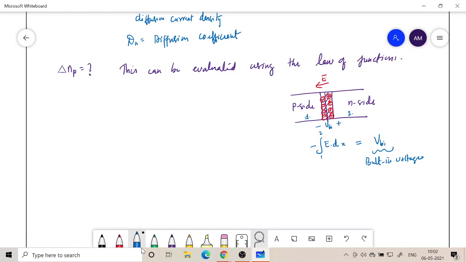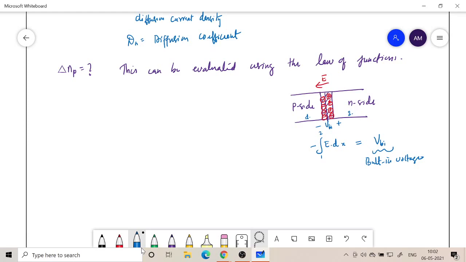But the moment you join them, because of the concentration difference, they try to move to the other side, making the N side positive and the P side negative. This results in the development of an electric field and a built-in potential, which will then further oppose this flow of charges, and equilibrium will be reached.